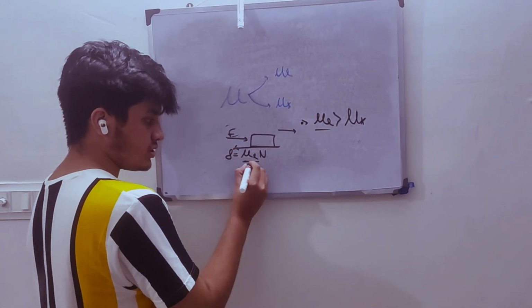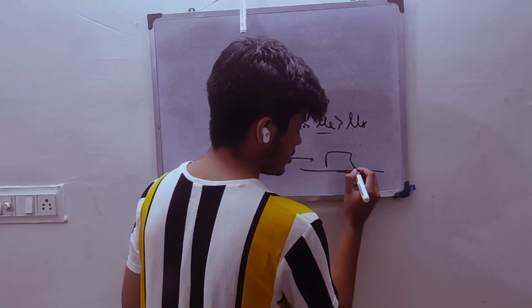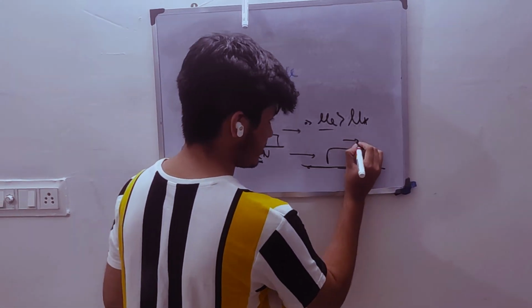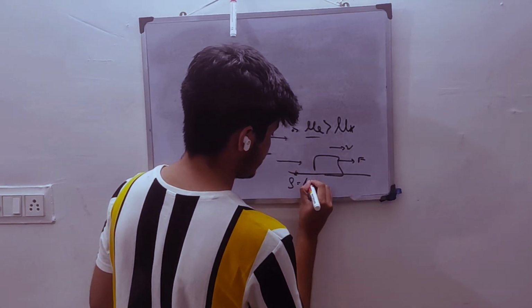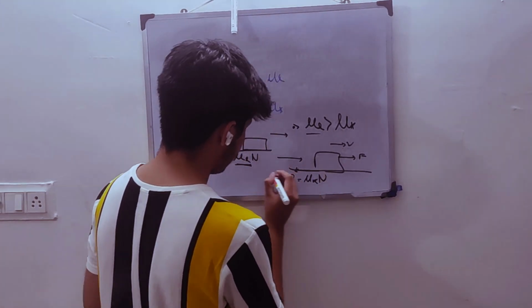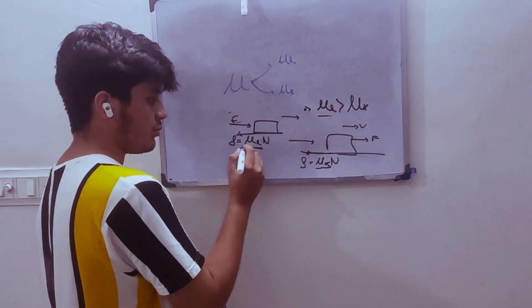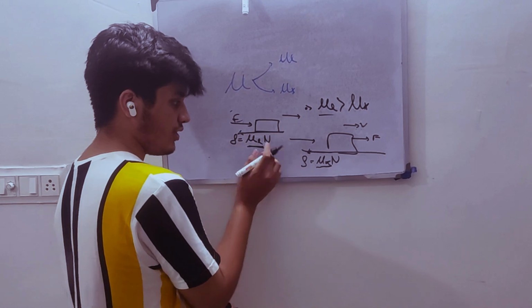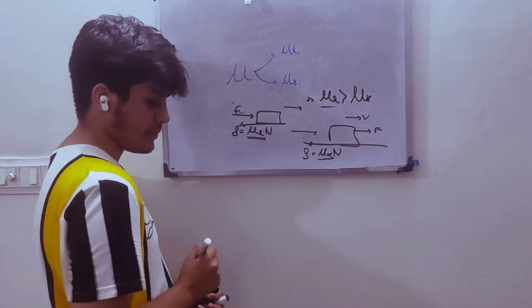The moment it crosses, the friction changes to the coefficient of kinetic friction. So the moment the body is moving, we use the coefficient of kinetic friction. When the body has a tendency to move and the force is just crossing the friction, we use the coefficient of limiting friction.